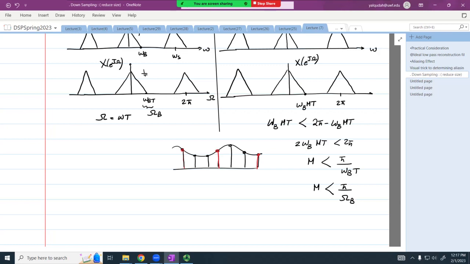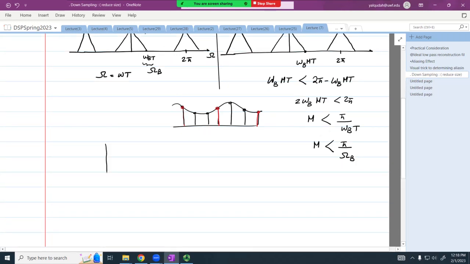What does it buy you when I sample more? This is what it buys you. If I sample at a higher rate, these replicas are going to become farther apart, and that will enable me to use a cheaper filter to recover my data. When I build the filter that I'm going to use to recover the data, the expense of the filter is determined by how sharp it is.